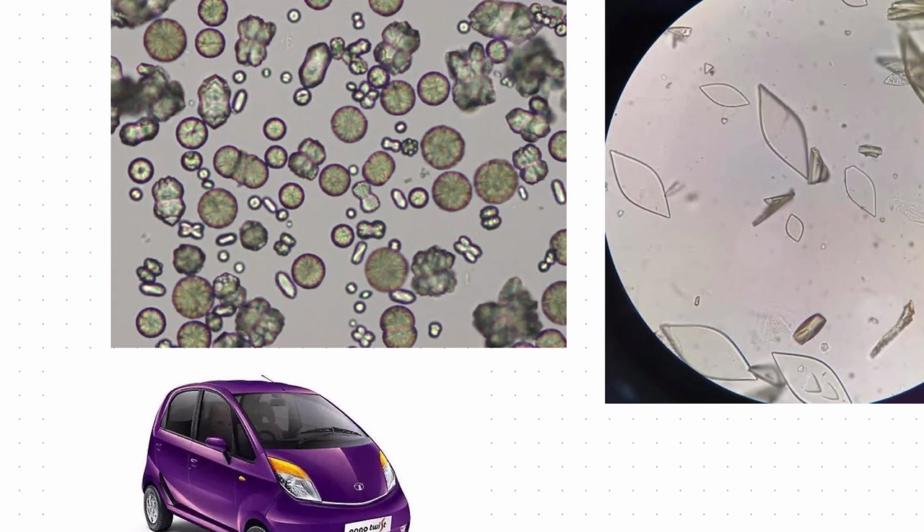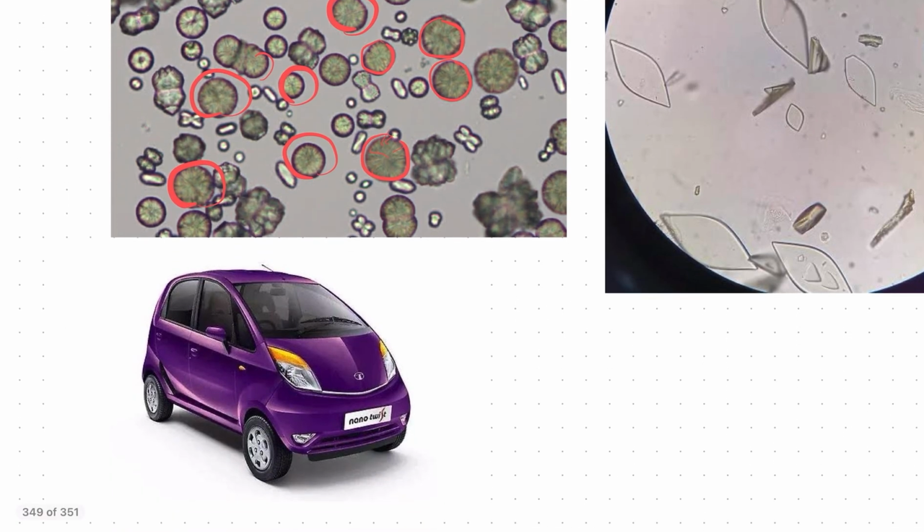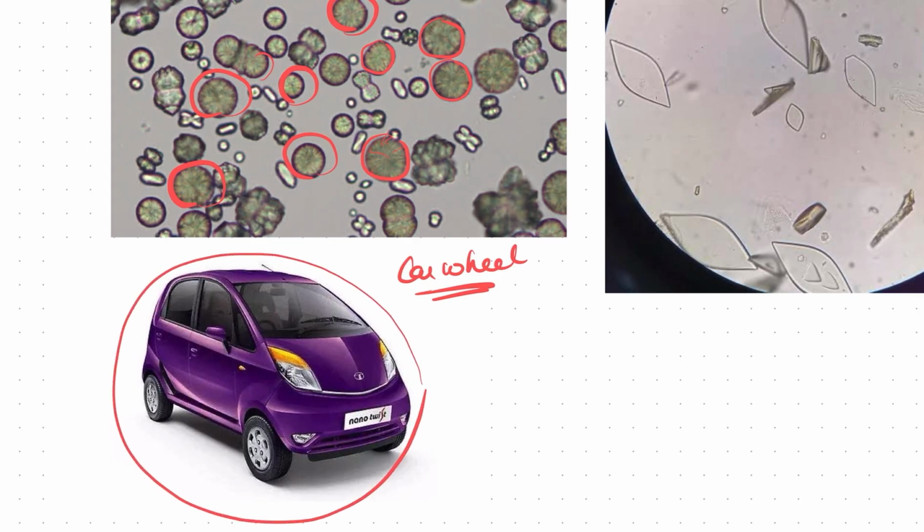Next are round structures almost looking like a car wheel, a motor vehicle wheel, with certain spikes also seen. You can remember the Nano car for it, which is almost round. This car wheel appearance is seen in calcium carbonate.